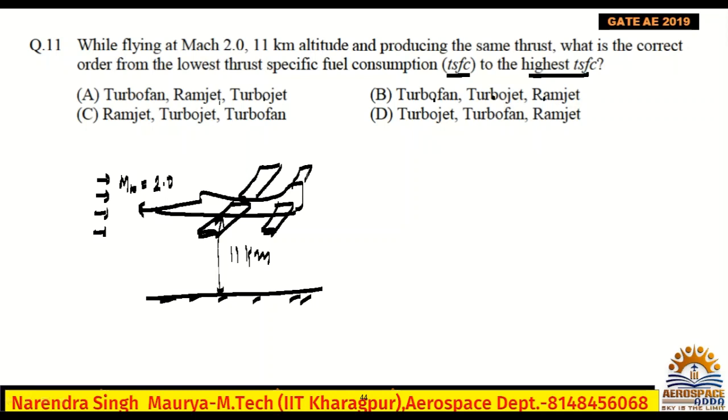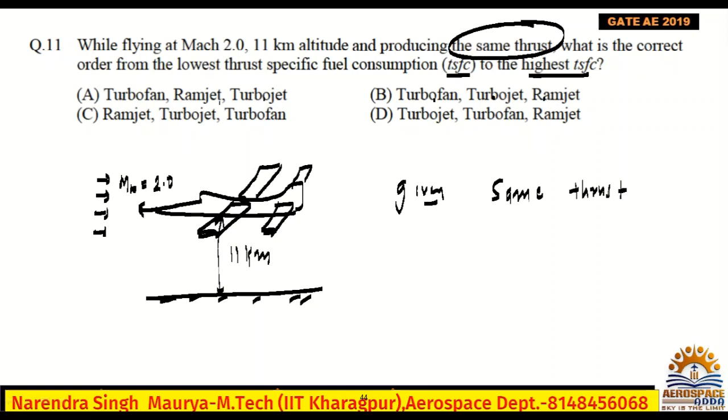Yes or no? So anyway, it is flying at 11 kilometer, okay, and it is producing the same thrust. What is the condition they have said? They said same thrust. All the engines they have said same thrust. Okay.